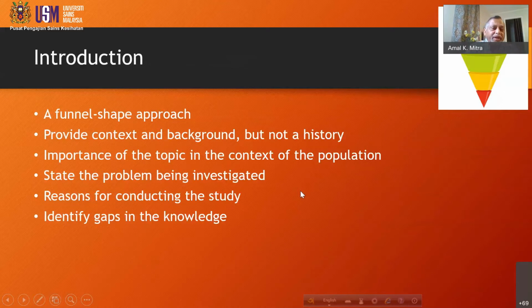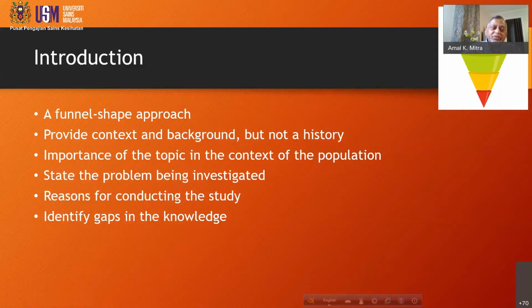Second part, very important part of the body of the paper is the introduction. I call it a funnel-shaped approach. Look at the funnel. It has a broad base and gradually goes to the tip.